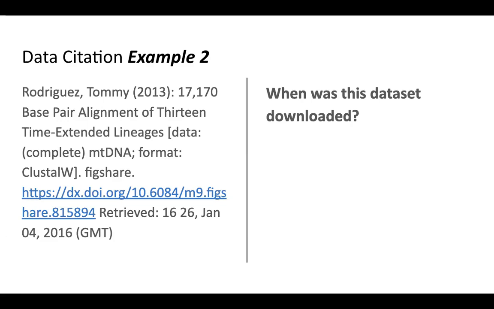Like in our previous example, this citation also has two dates. Again, the first date was for the publication year, and the second is for when the user downloaded this data, which is 2016, January 4th.